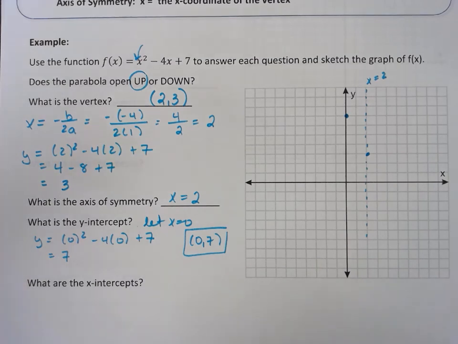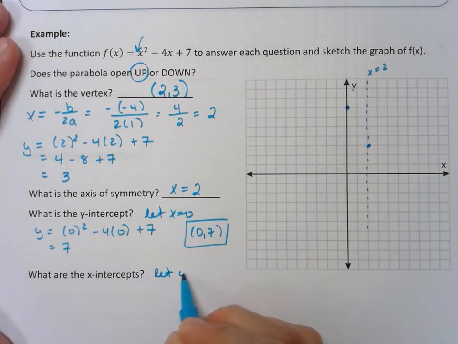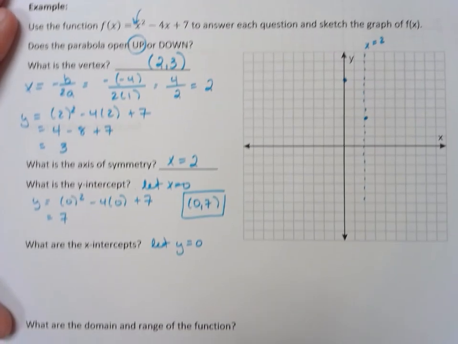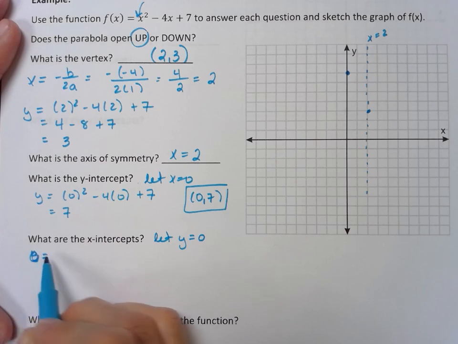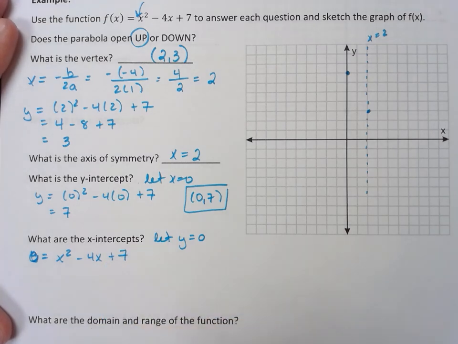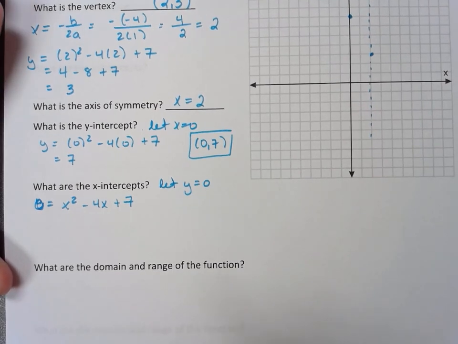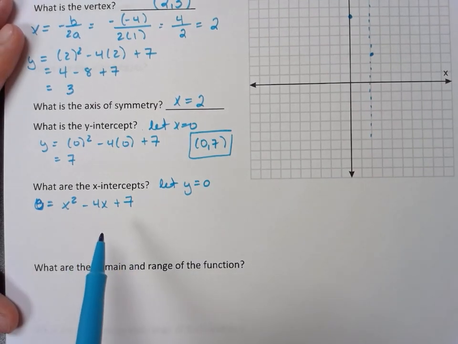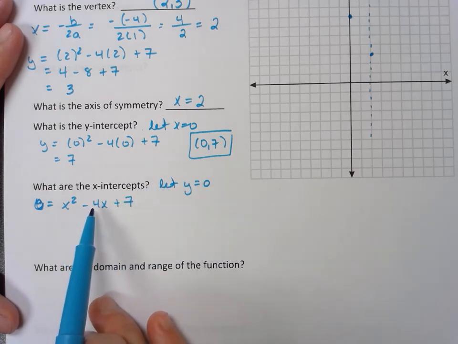What are the x-intercepts? That's where you let y equal 0. So we have 0 is equal to x squared minus 4x plus 7. Now we need to solve a quadratic equation. That means we need to factor it, or we can use the quadratic formula. Are there factors of 7 that add up to negative 4?